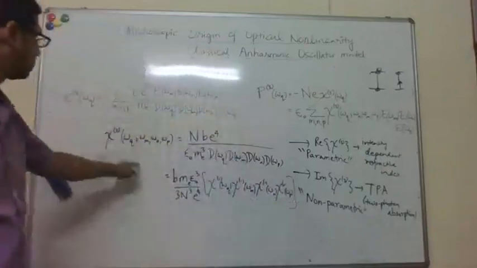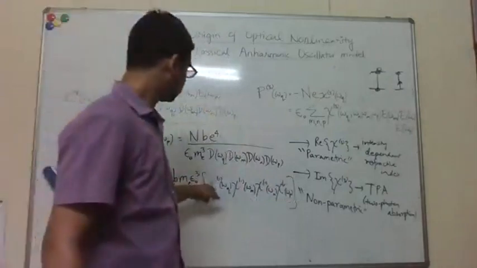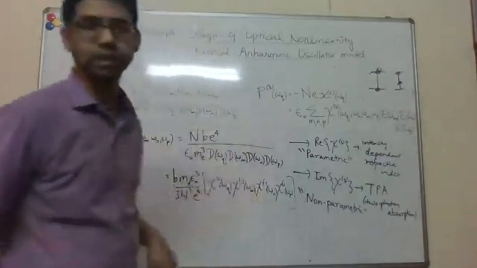Okay, so I can just rewrite it like this. So you can see that the nonlinear susceptibilities can be written as a product of the linear susceptibilities at those individual frequencies.